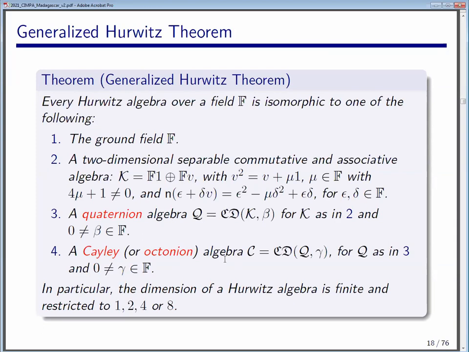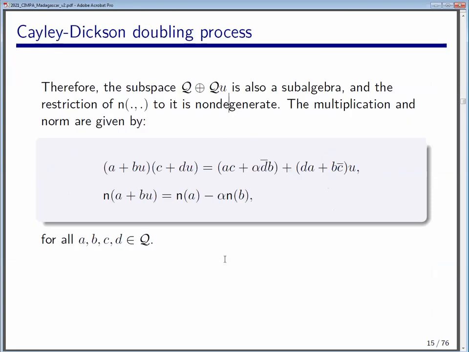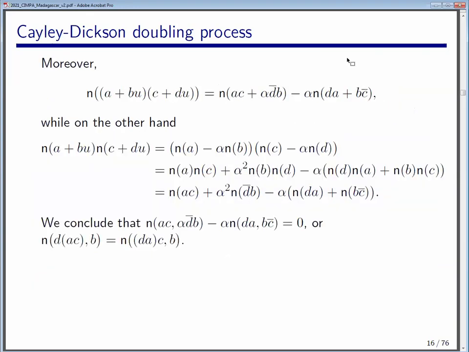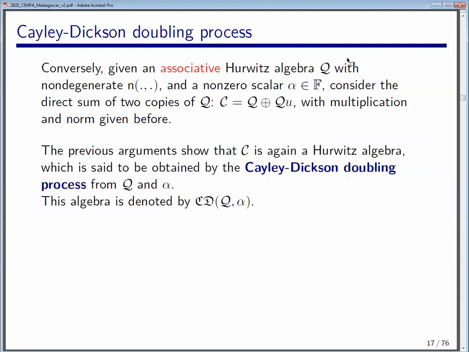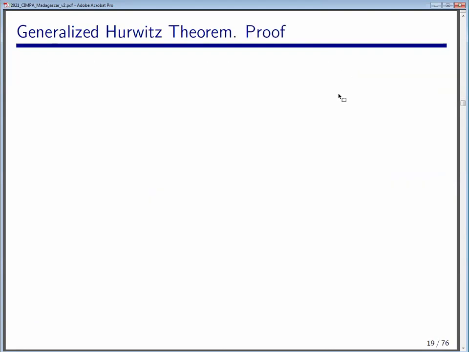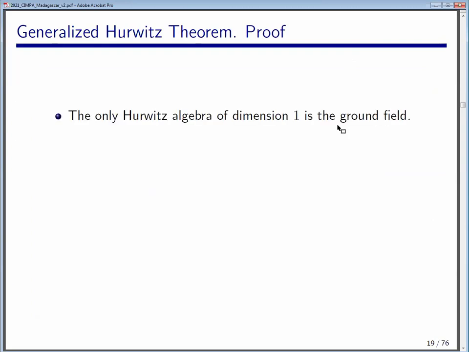Okay, so let's prove this, and we'll see that with the things we did yesterday, this is very easy. Okay, so the proof of this theorem: if the dimension of our Hurwitz algebra is 1, that's it.